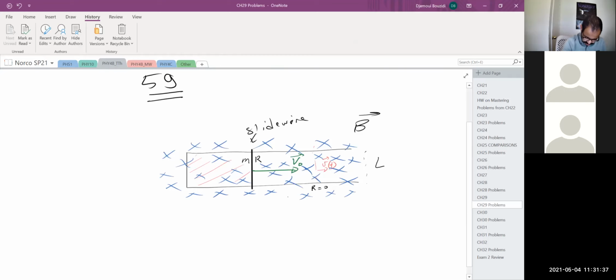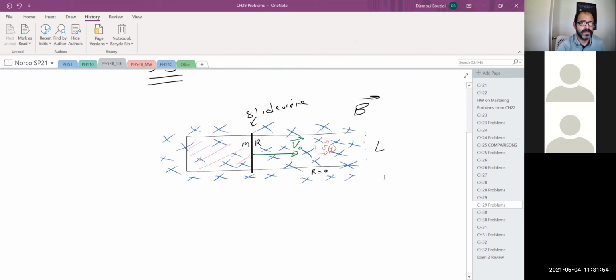So the question is to obtain an expression for F, the magnitude of the force exerted on the wire while it is moving at speed V. So at some point it's moving with a speed V, which is not the initial velocity V naught, so it's some other velocity. So we want to find the force exerted on it. It's several cross products, and you have to be ready for them.